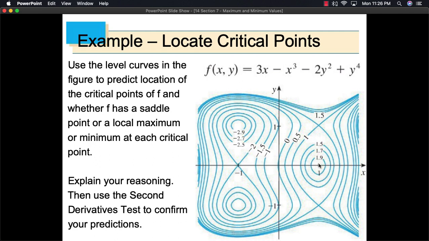You'll notice that as we get away from this little epicenter, the numbers also go down. This is going down, but this is going down also. But notice that these numbers are going down toward the epicenter, and these numbers are going down away from the epicenter. So that's going to be 2 different situations. Let's quickly discuss what we think is happening in this picture.